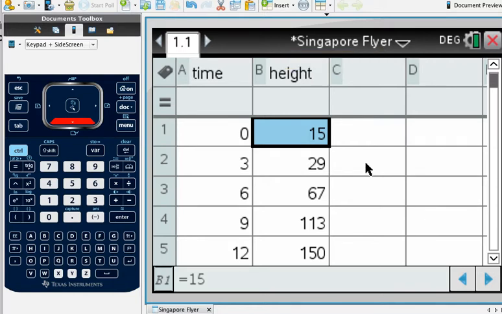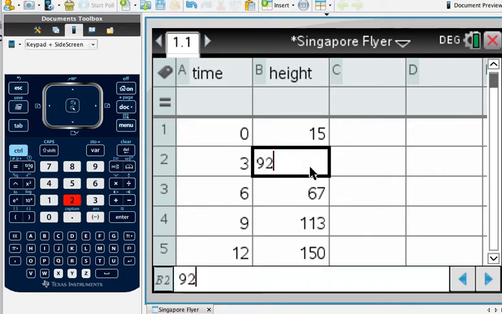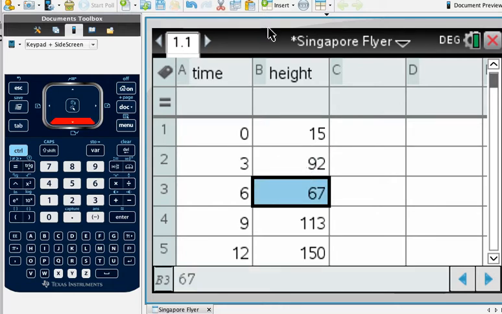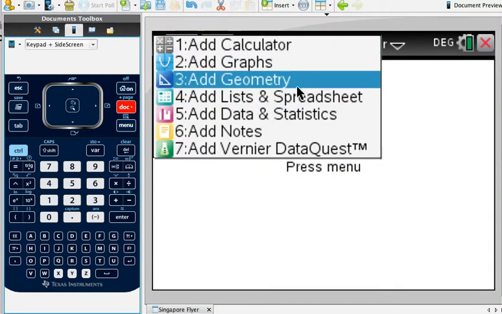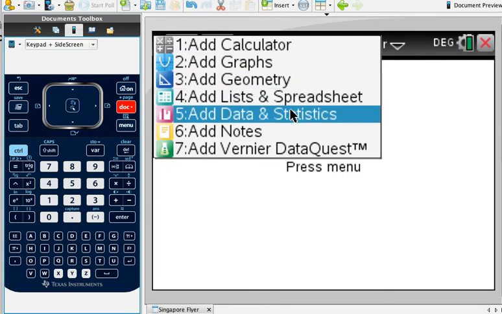Sometimes I like to do that just to make sure I haven't messed up and, like, transposed some of the numbers. So for instance, let's say we were planning on doing 29 here, but we said 92 instead. Then if you insert a scatter plot, it should be readily apparent that you messed up there.